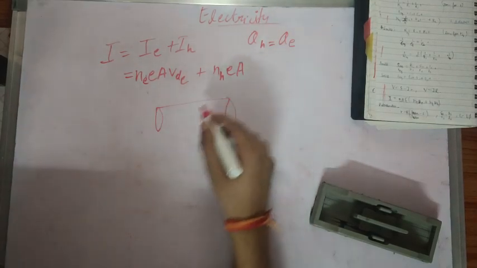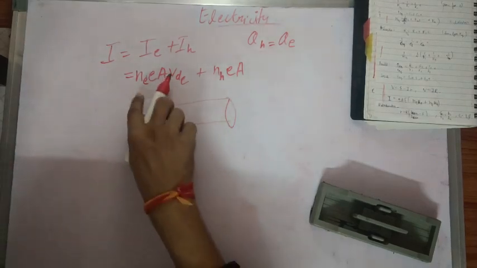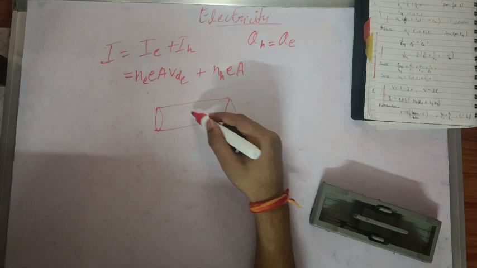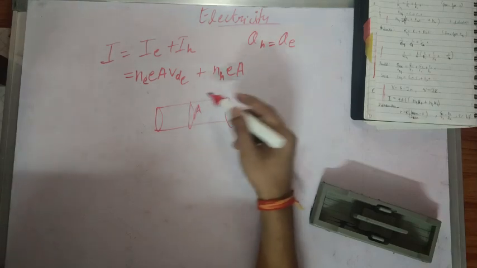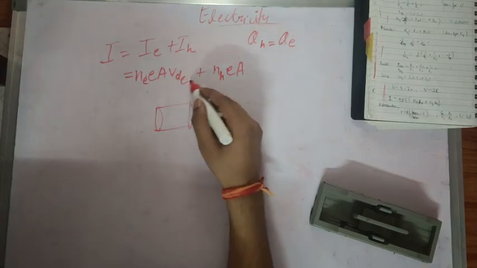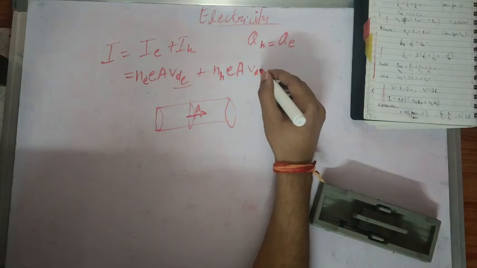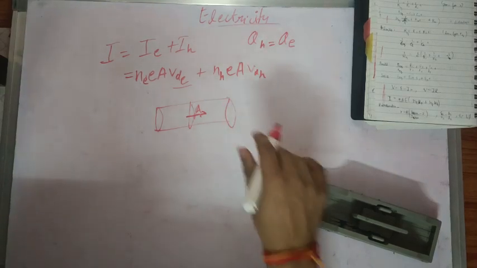In this cross section, let's say the density of electron is Ne, the density of hole is Nh, and the area of cross section is A, and Vde is the drift velocity of electron and Vdh is the drift velocity of holes.